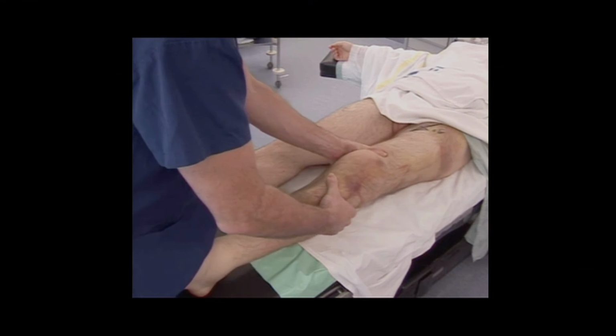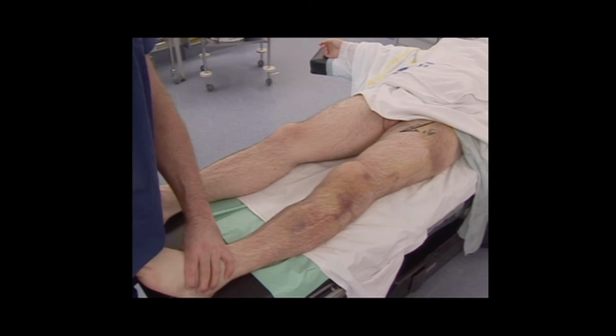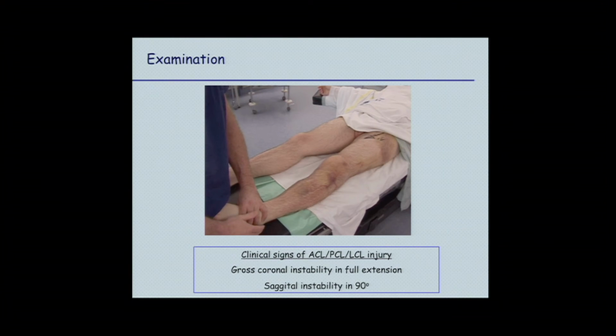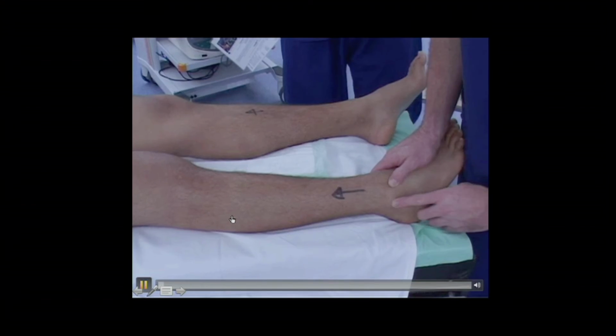They also have instability in extension. So on clinical examination, you can determine that this patient has anterior cruciate ligament, posterior cruciate ligament, and lateral collateral ligament with posterolateral corner damage. So obviously, if you just saw the patient and their x-rays, you may not appreciate the extent of their injury.